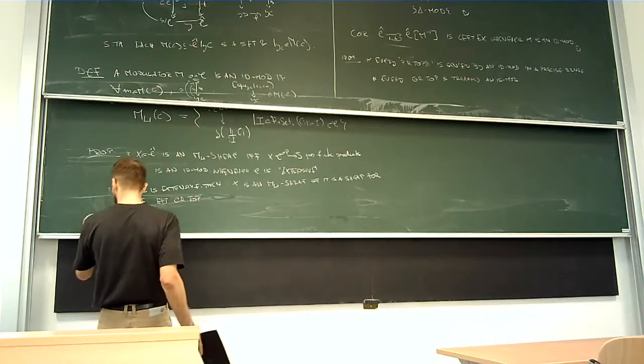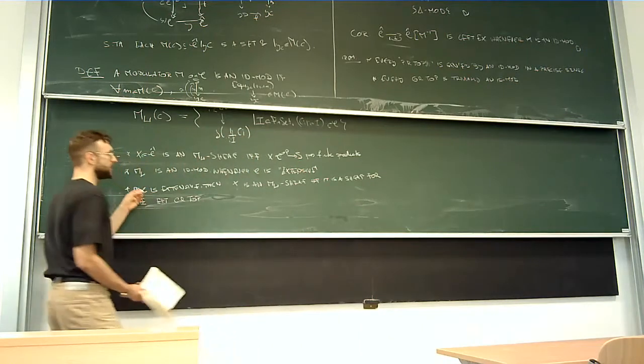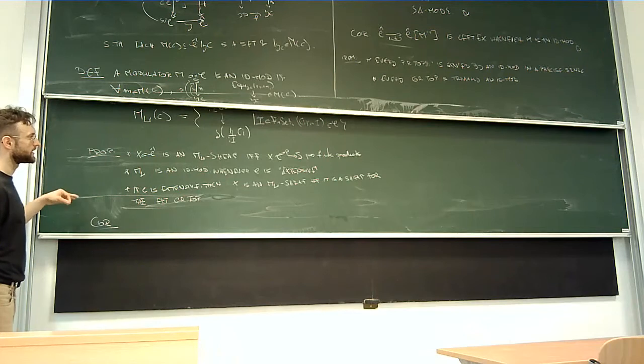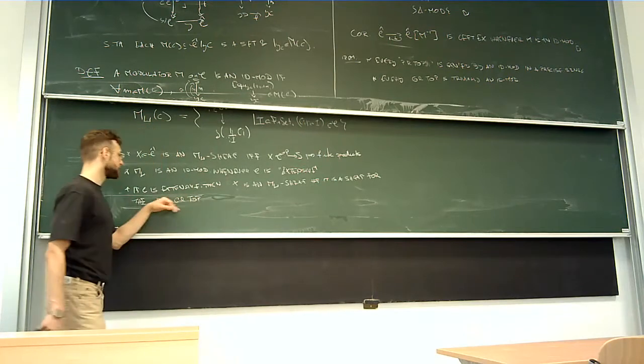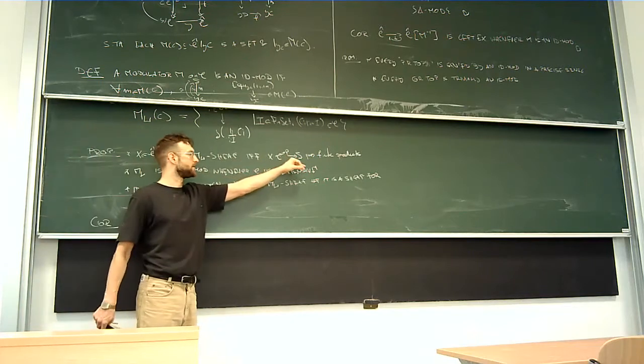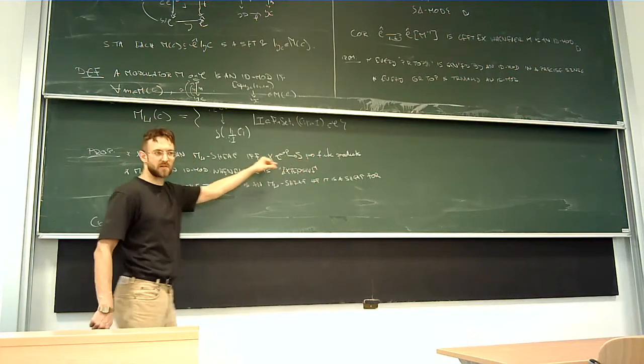Right? So a corollary: if you look at it in the ordinary categorical context, it's not hard to show that the sheaves for the extensive Grothendieck topology are exactly the ones which preserve finite products.